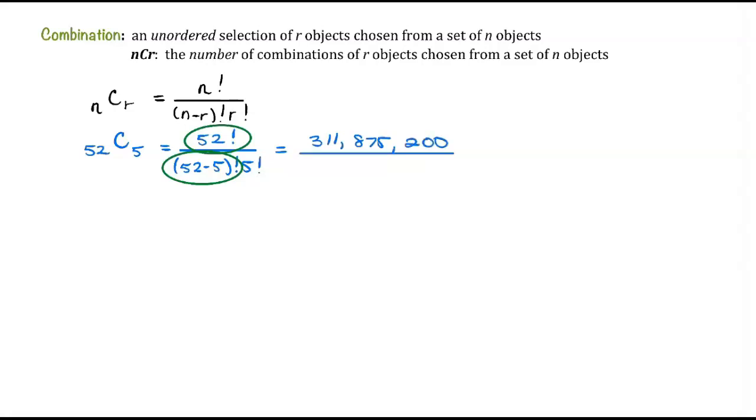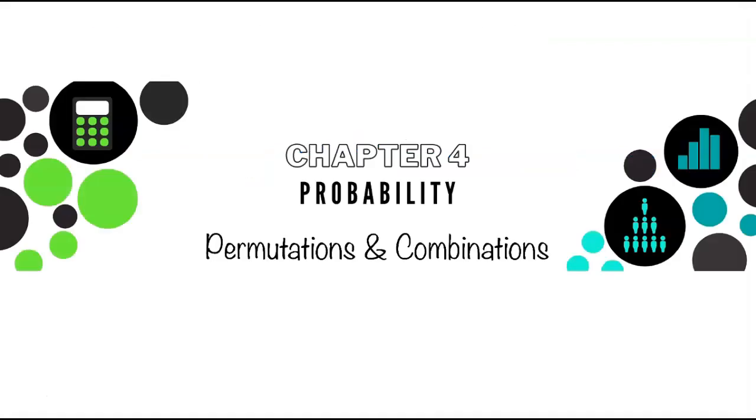What we needed to do was divide by our repetitive hands, and we divided by 5 factorial, or 120. This changed it from a permutation to a combination, and gave us 2,598,960. In other words, using the combinations formula gives us the same value as when we calculated this intuitively. That concludes this lecture video on permutations and combinations.